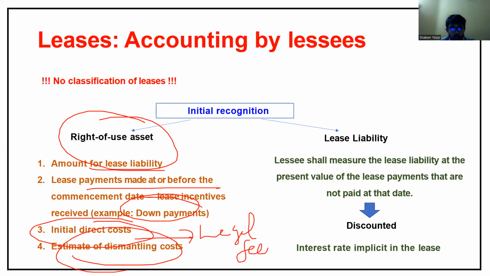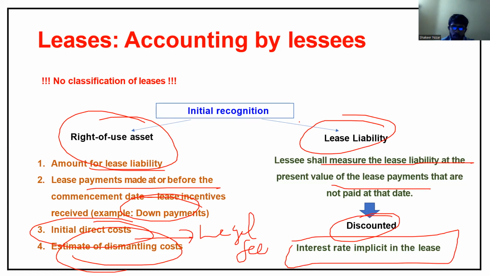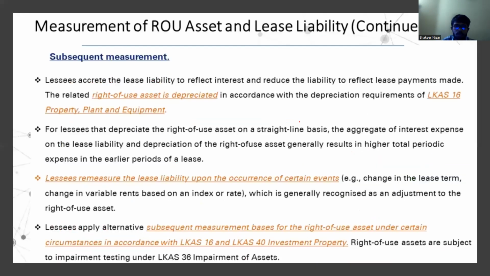So you have to add back those things. The lease liability shall be measured at the present value, using the discount rate implicit in that particular lease arrangement, right?